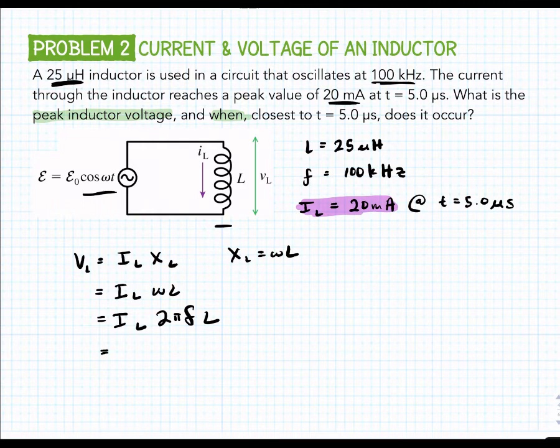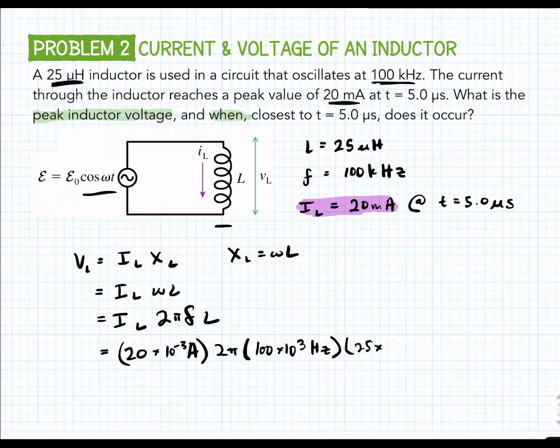We have 20 times 10 to the negative 3 amps. Our frequency is 100 times 10 to the 3 hertz, and our inductance is 25 times 10 to the negative 6 henries. Okay, you plug all this stuff in, and what do you get?